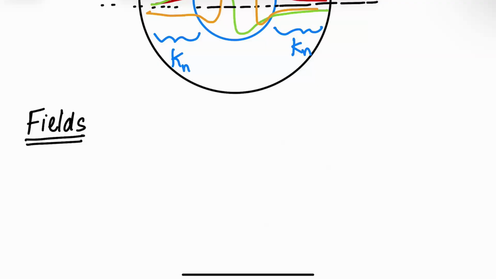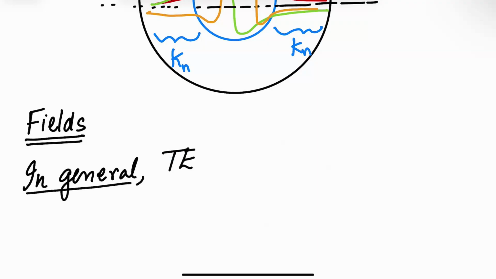But interestingly enough, when you have a dielectric waveguide like this, or a fiber optic cable, the TE or TM modes alone don't satisfy the boundary conditions. So in general, we'll see in which case you get TE and TM, but in general, TE and TM alone cannot satisfy boundary conditions.